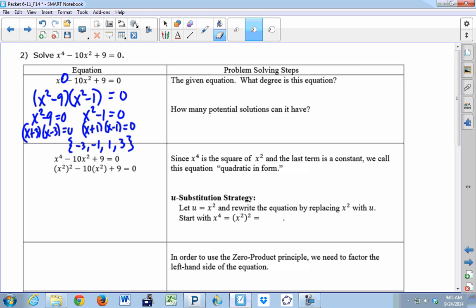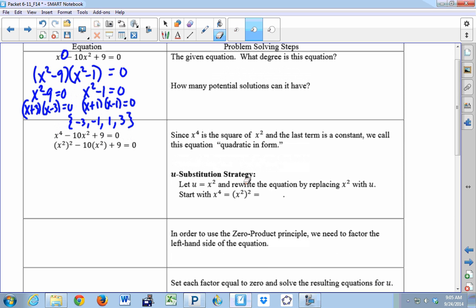It's a quadratic. So what they do is they have you substitute with just any baby letter. So it's called U substitution. They use the letter U a lot when they substitute back in. And this is a common strategy. You'll see this a lot in, say, calculus, for those of you going to calculus, this idea of U substitution.